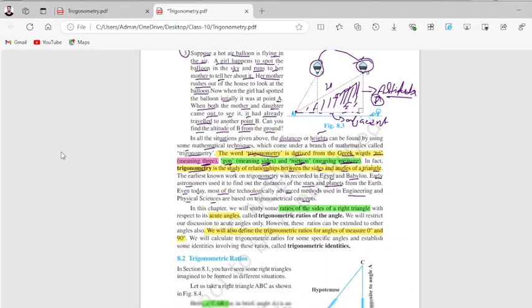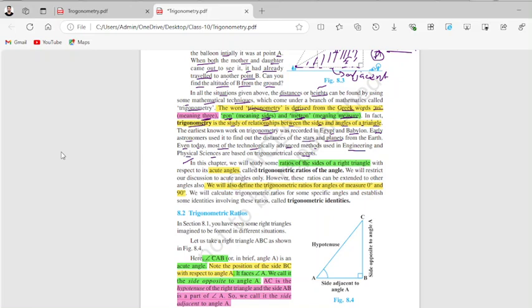In this chapter, we will study the ratios of the sides of a right angle triangle with respect to an acute angle. These are called trigonometric ratios of the angle. We will restrict our discussion to acute angles only.